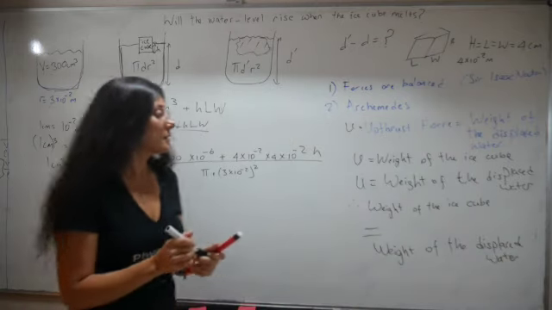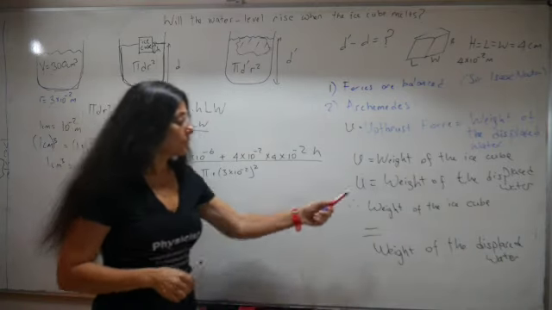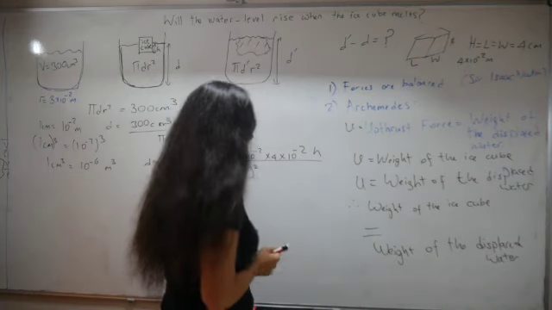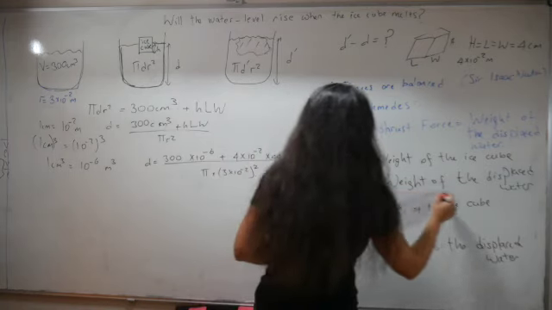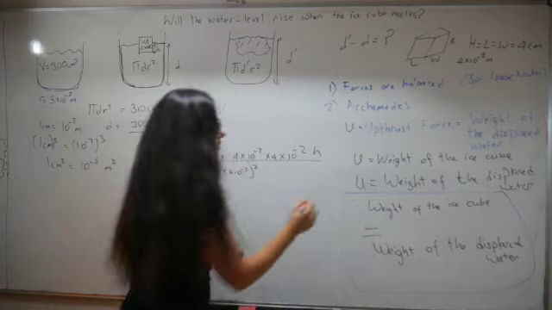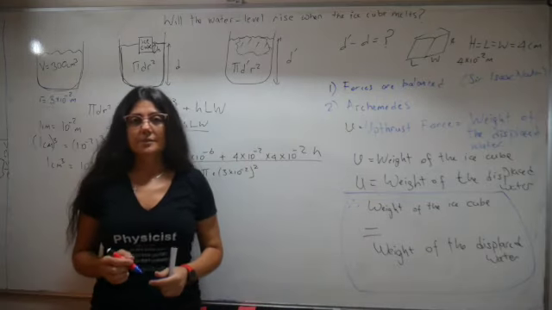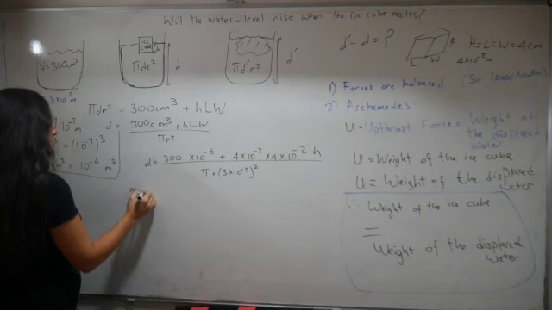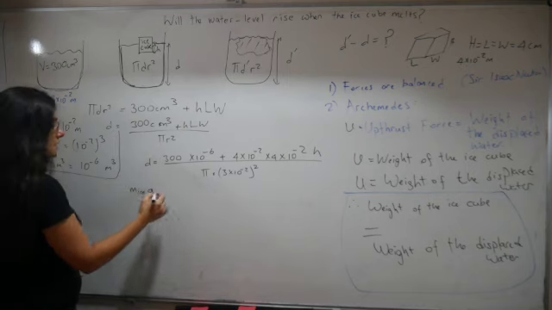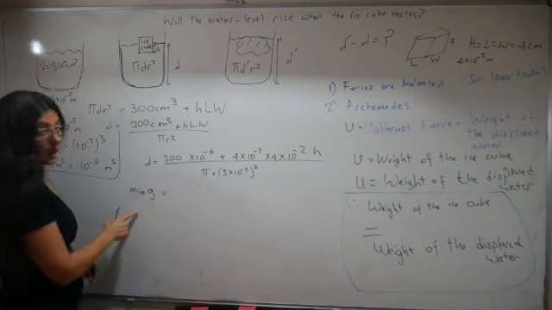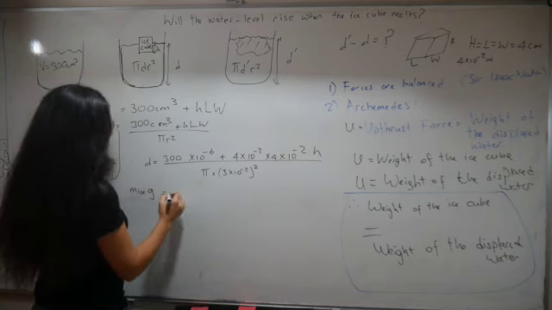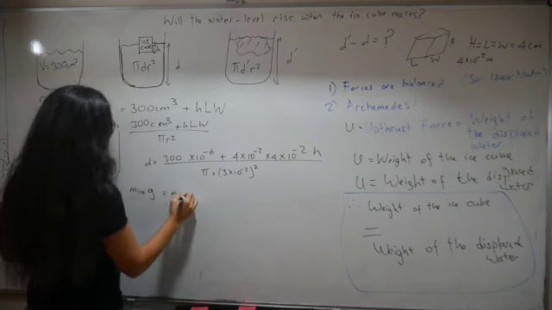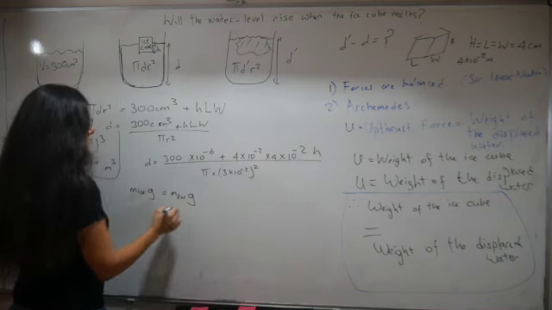Okay, right, so I'm going to use this bit here. Basically, this is going to tell me what h is. So mass of ice times g, the weight of the ice cube, equals mass of displaced water times g.